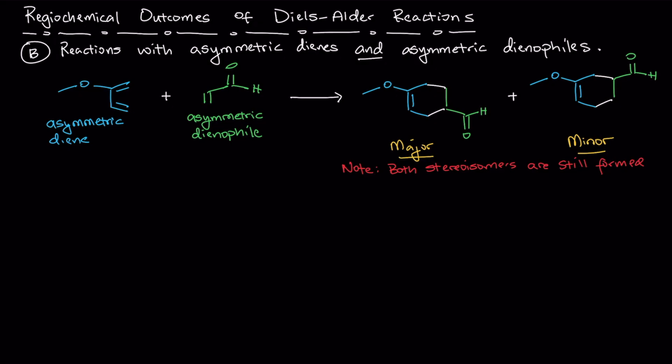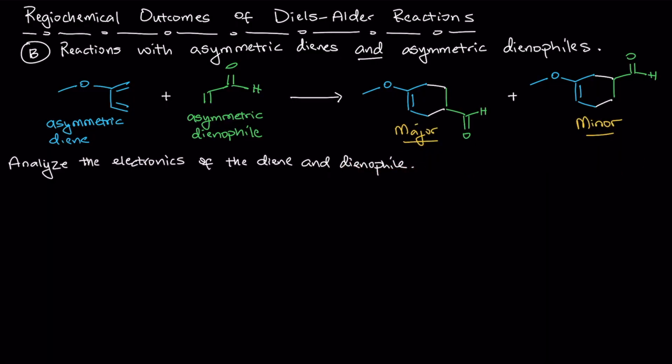But we're focusing on regiochemistry today, so we're going to explain why we get regioselectivity in this reaction. And the key way to understand why there's regioselectivity is by analyzing the electronics of both the diene and the dienophile. So let's start with the diene, and then we'll go to the dienophile.